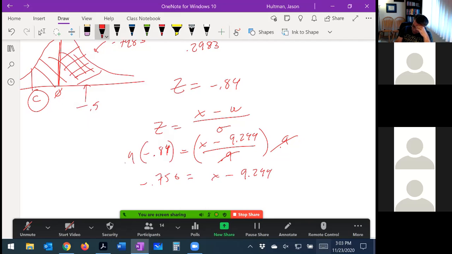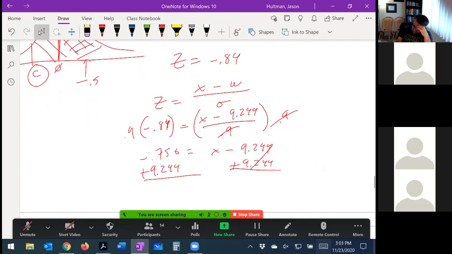So I'm going to add 9.244 to both sides. And I get x is equal to 9.244 minus 0.756, which is 8.488, and that's my x value.